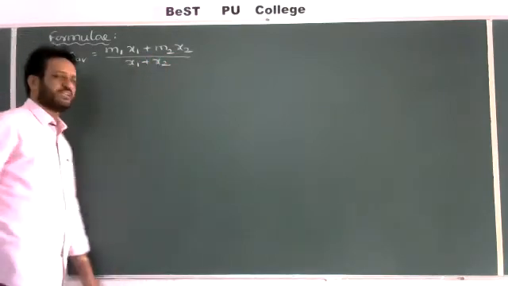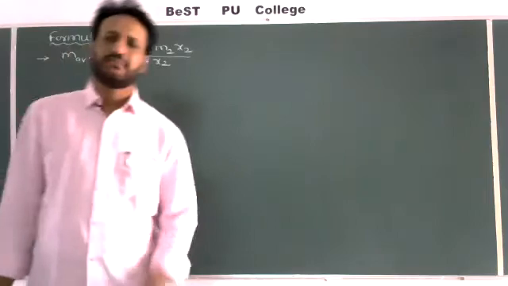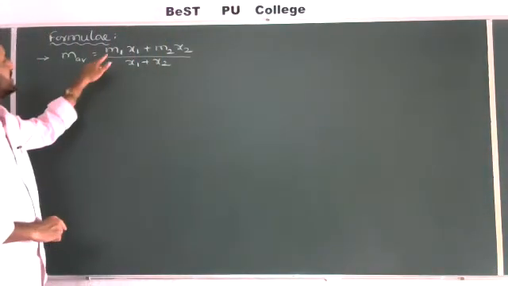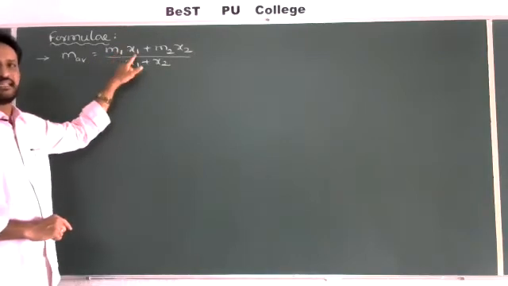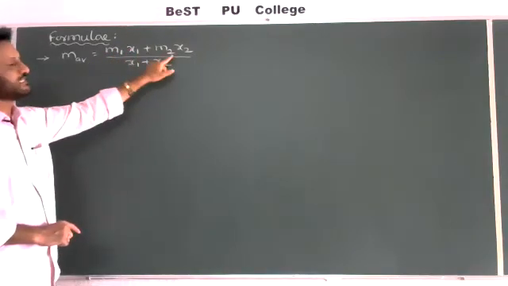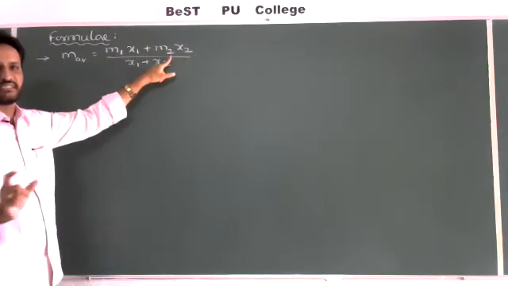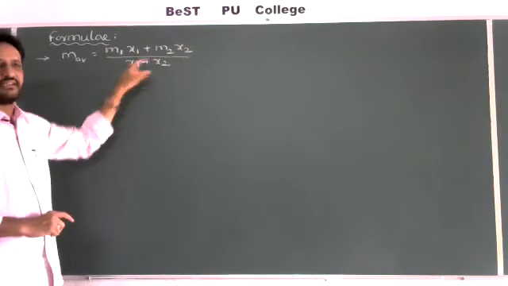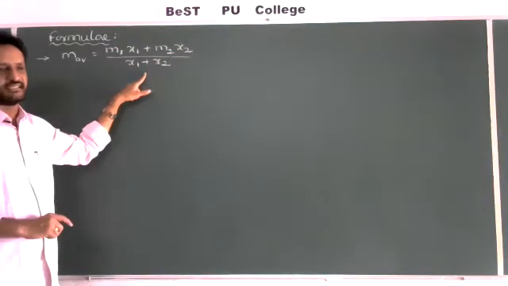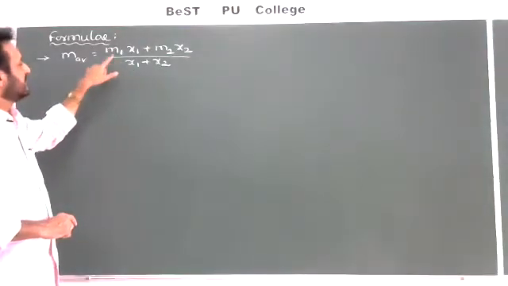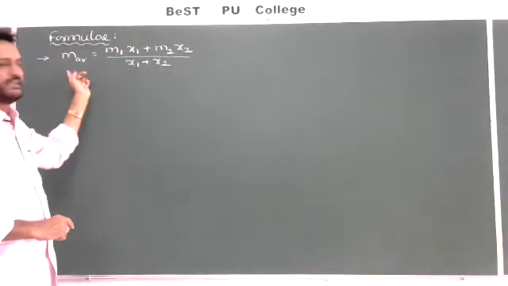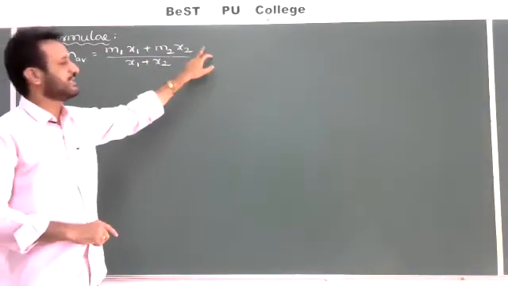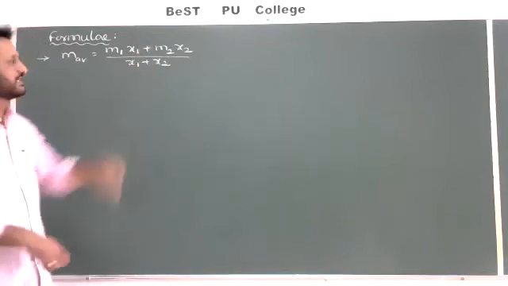Your choice, M1 or A1 or W1, any letter may be written, for average atomic mass or average atomic weight. So it is the mass of the first isotope and its abundance percentage, plus the mass of the second isotope into its percentage, divided by the total percentage. Always x1 plus x2 must be 100. With M1, M2, x1, x2 given, we can find the average atomic mass based on the question. If 3 isotopes are given, add M3 x3, divided by x1 plus x2 plus x3.